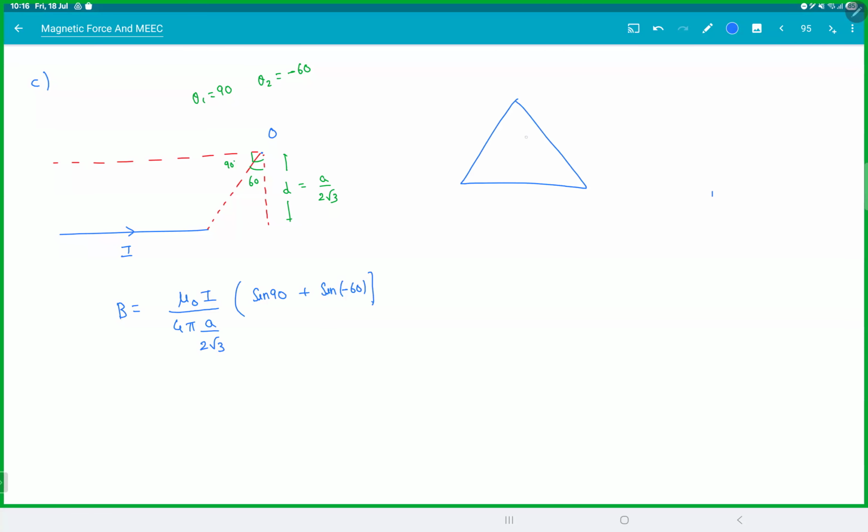About this triangle, we saw this will be 0 due to the triangle, because in a triangle the currents will split like this. Again, this will be the same as this guy. This also will be B only. So the answer will be 2 times B. Clear?